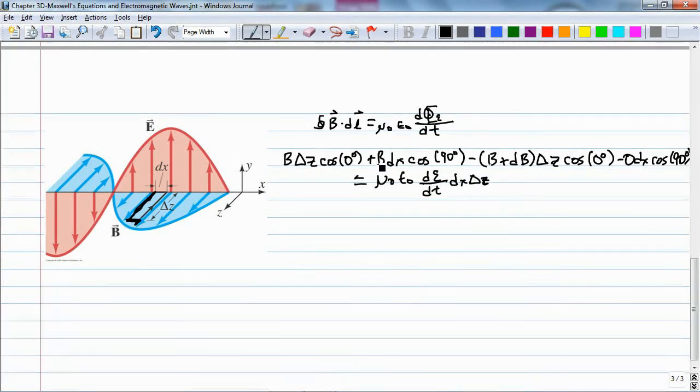So this second term is going to go away, last term is going to go away, and I'm going to have B delta z minus B plus dB delta z is equal to mu naught epsilon naught differential electric field with respect to time dx delta z.